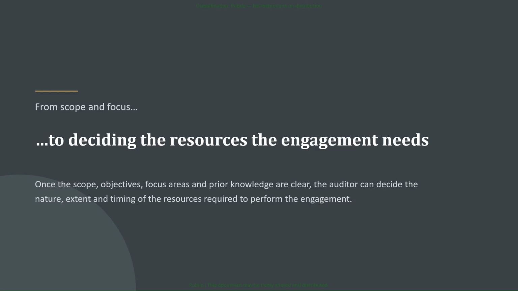So now we have covered scope, reporting objectives, the factors that focus the audit, and what the team already knows from preliminary work and prior engagements. That brings us to the fifth and final step, resourcing. Once the auditor has all that in place, they are in a position to decide exactly what resources the engagement needs and when. Let's look at what that decision actually involves.